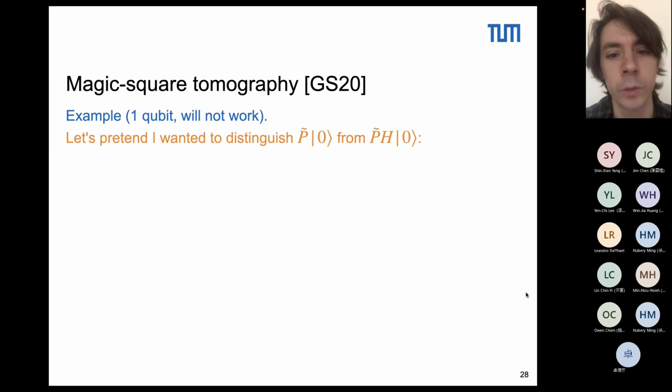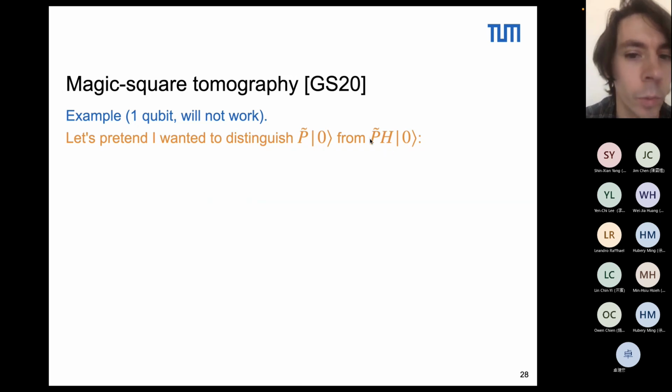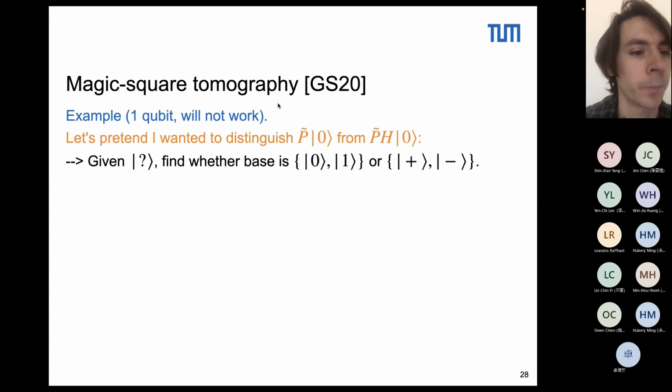So let's pretend I wanted to distinguish a 0 state with some Pauli noise from a Hadamard state, so a plus state, with the same Pauli noise. I want to be able to distinguish both of these sets of states. In other words, given some random state, I want to find whether the basis is 0, 1 or plus and minus.